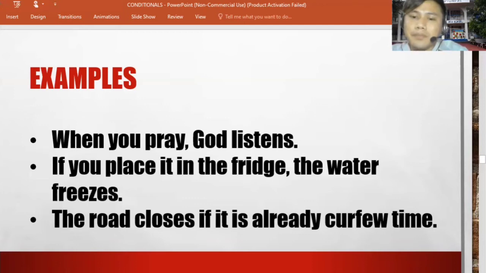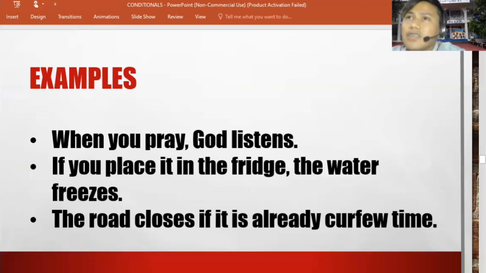Understood? Next, if you place it in the fridge, the water freezes. Our condition here is if you place it in the fridge. What item needs to be inserted in the fridge?